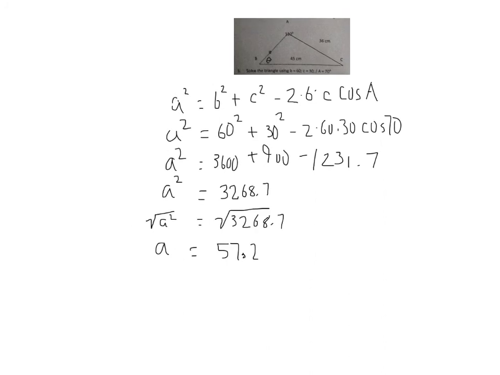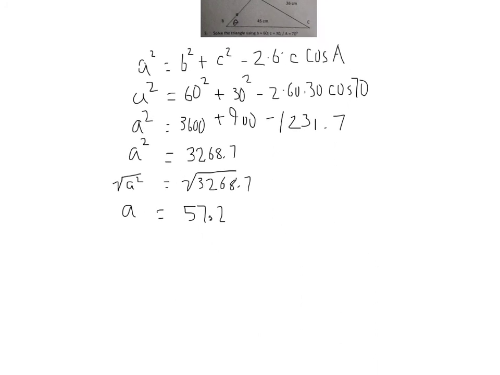Now that we have A, we can use the law of sines to find angle B and angle C. So we know that the law of sines states that sine of angle A divided by side A is equal to the sine of angle B divided by side B, which is equal to the sine of angle C divided by side C. So now we just substitute.